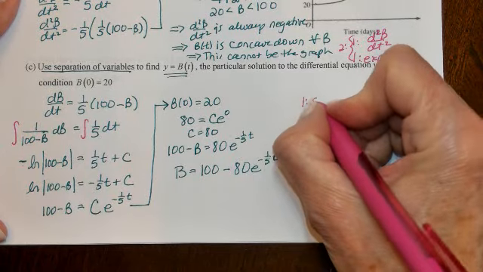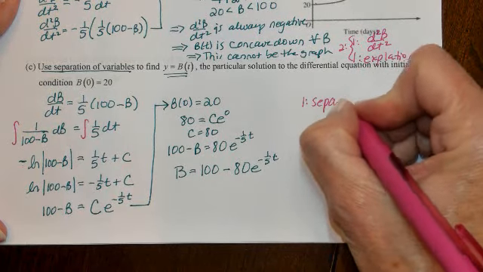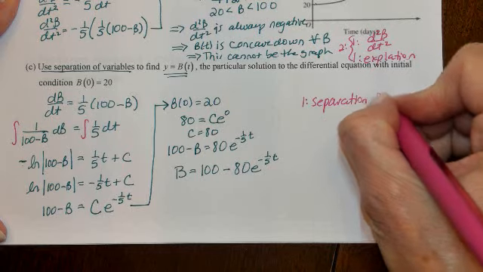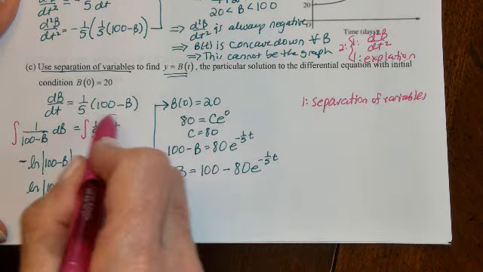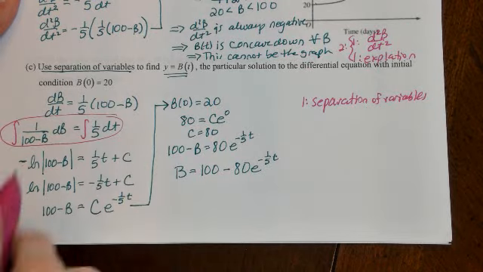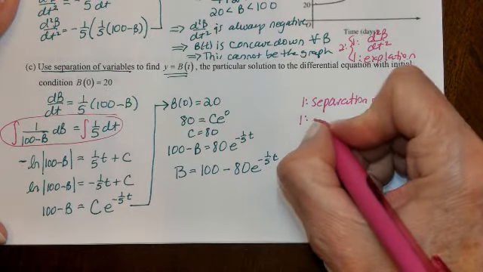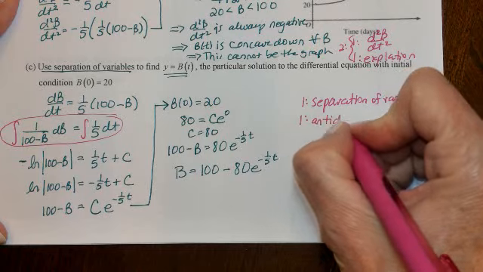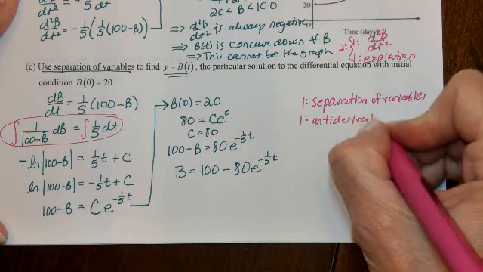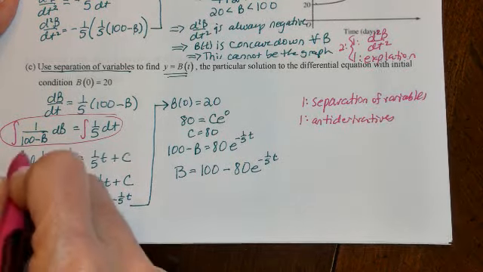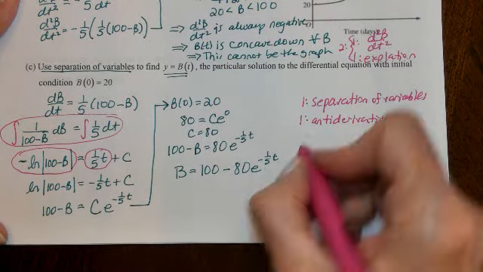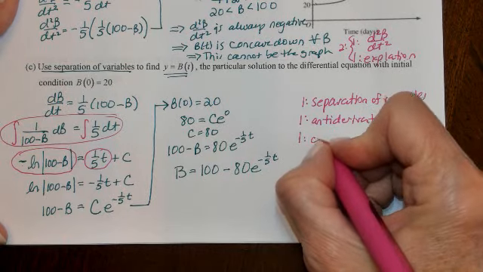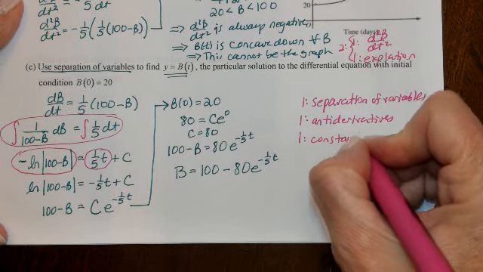They gave 1 point for separation of variables. So 1 point for this step, separating correctly. 1 point for the antiderivatives. So 1 point for both of these being correct. 1 point for the constant of integration.